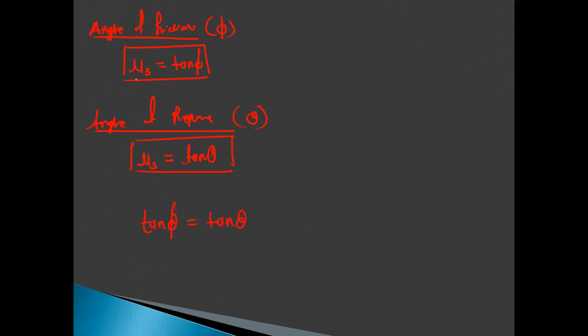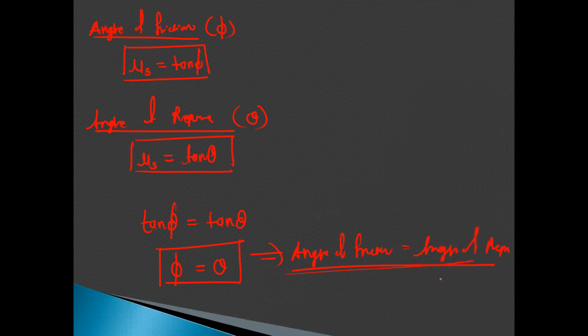Because for the same plane, the coefficient of static friction will be the same, phi is equal to theta. It means that the angle of friction is equal to the angle of repose for the same plane and same object.